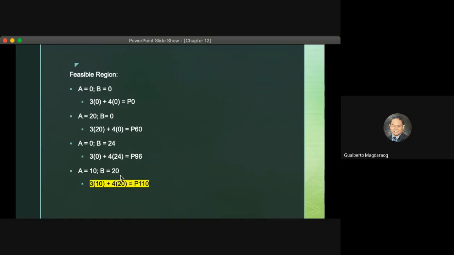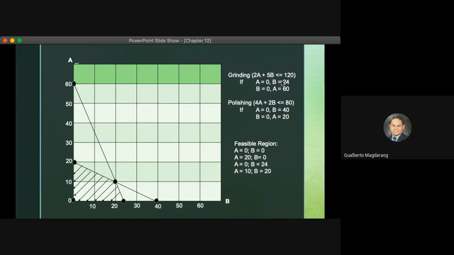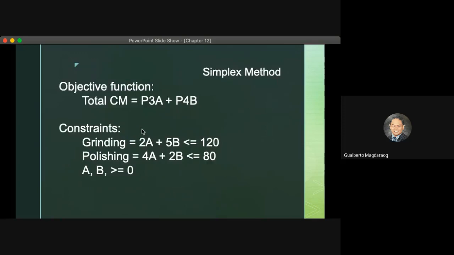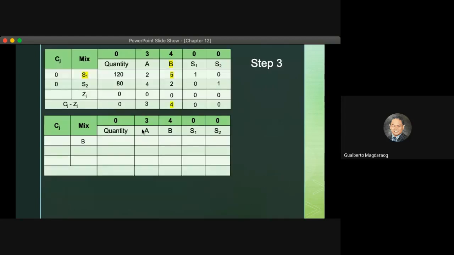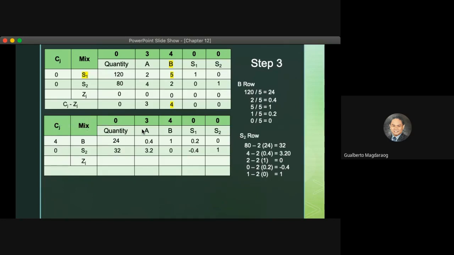If we add 1 more hour for the grinding, this may shift upward kasi dagdag isa, kaya magkakaroon ng changes on the points, on the intersecting points. So, let's move to that example.